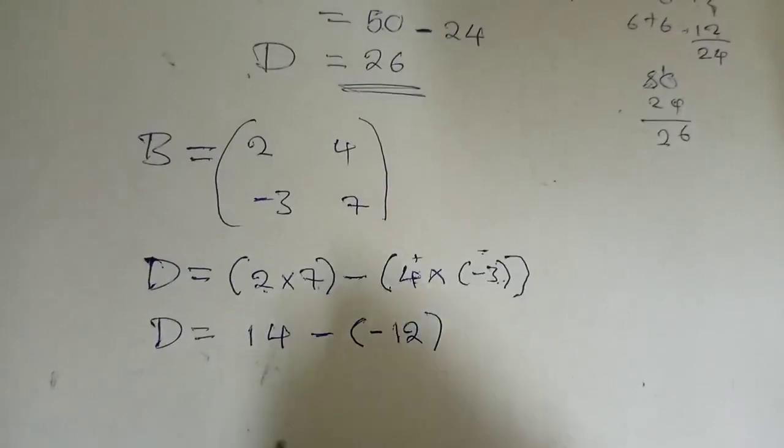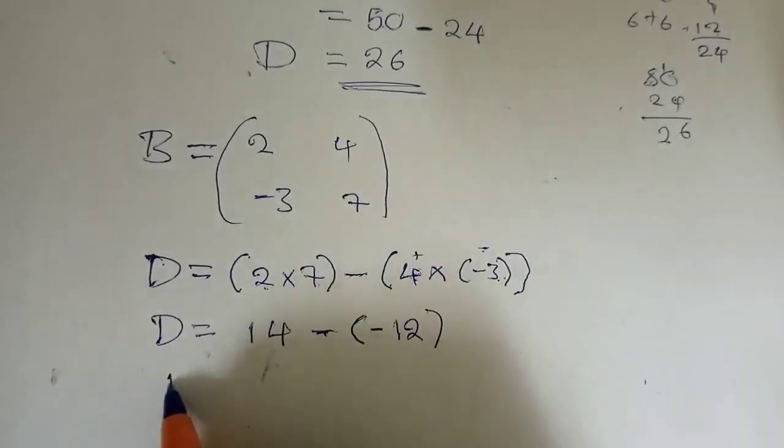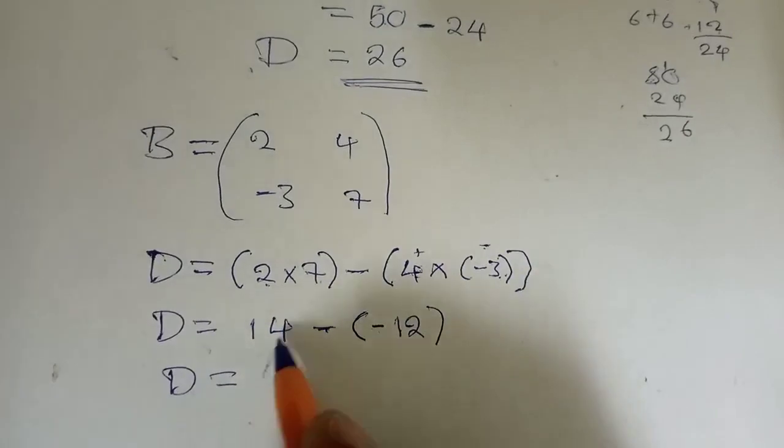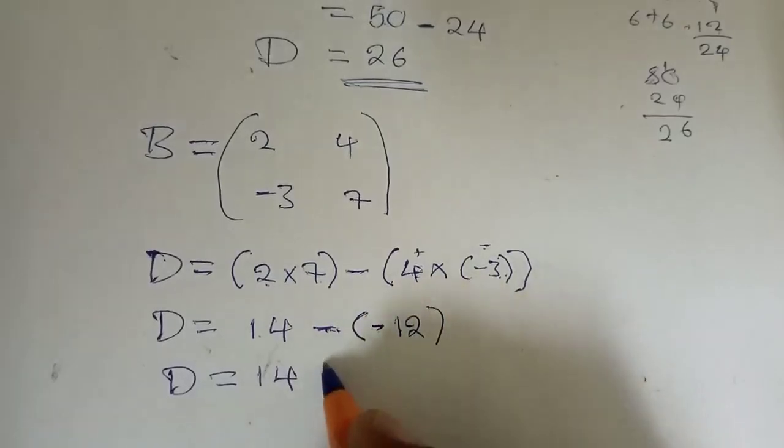As simple as that. Then from here you multiply the signs. So that is the determinant: 14, negative times negative, it is positive. Same signs will give you a positive.